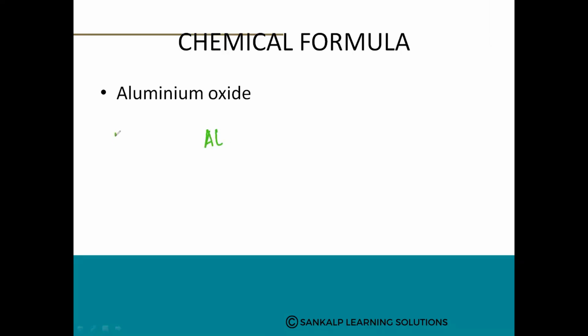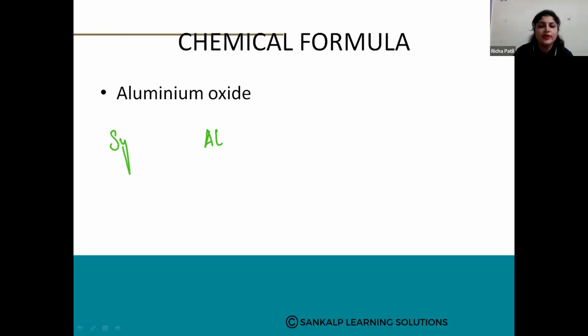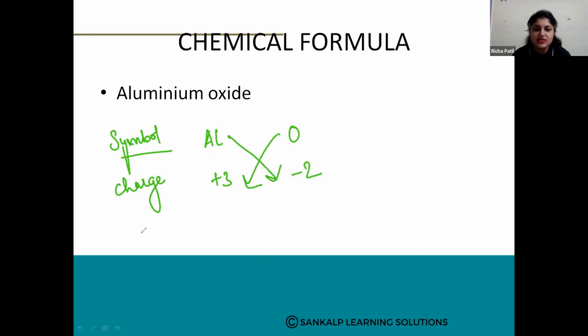When you're writing the symbol, aluminium is Al and oxide is O, right? Then what is the charge for aluminium? It is +3 and oxygen is -2. Next step, you have to crisscross the charge, and it will be Al2O3, right? So this is aluminium oxide. So we'll go for the next one.